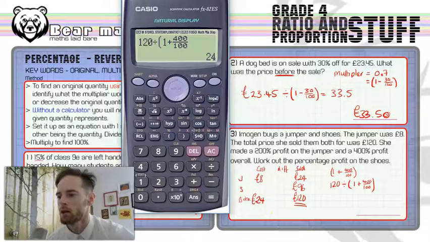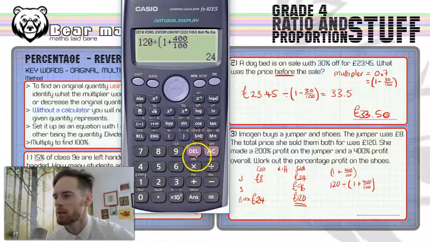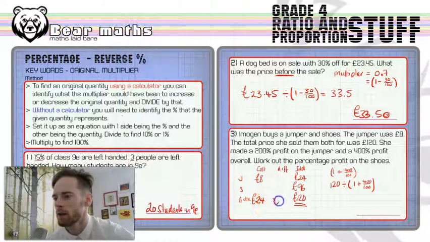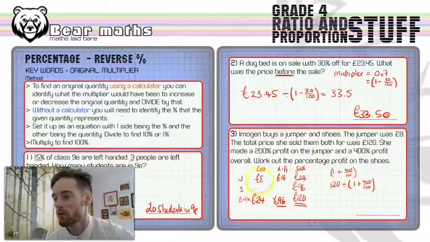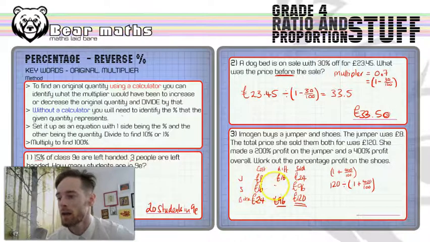The difference between that and that is a £96 difference again, and a difference there of £16, not that we necessarily need it. We can now work out the cost of the shoes that she bought. She bought the shoes for £16, because I'm doing 24 take away 8. And the difference between that and that then is £80. 96 take away 16 is 80.